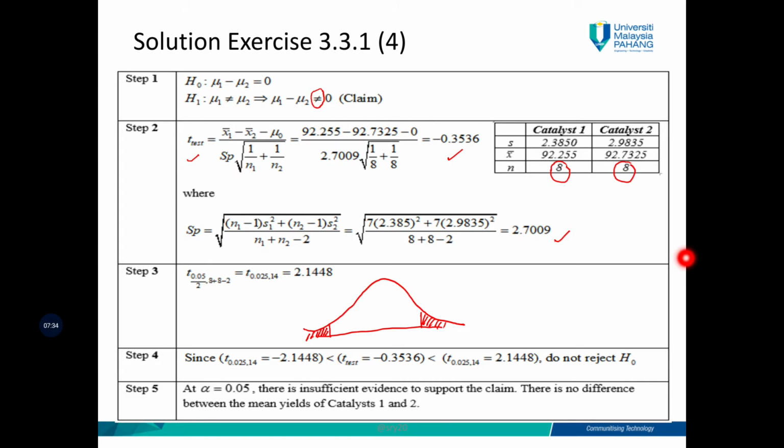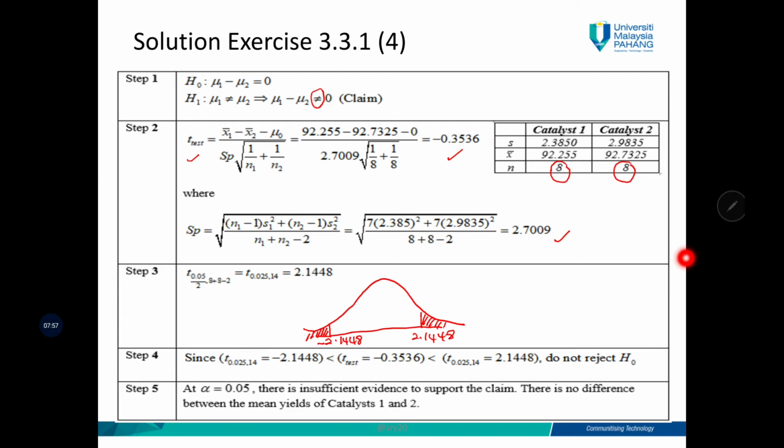For the critical values, by using the statistical table, you can get t 0.025 with 14 degrees of freedom. So negative 2.1448 is the first critical value. For the second critical value, it is 2.1448.